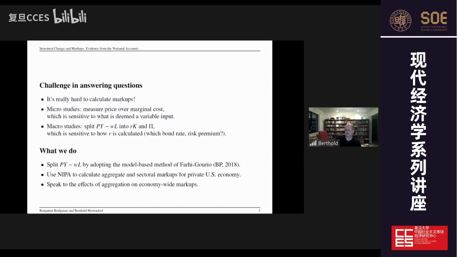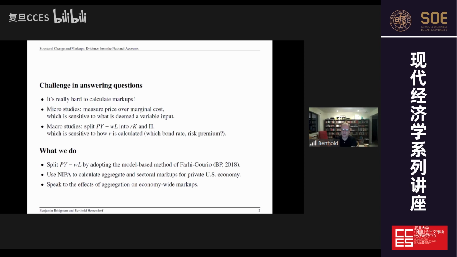But if you take a longer horizon, like a year or two, it's a variable input. So you can see how, if you want to get really high markups, you just make sure that you get very few variable inputs, going on a daily basis. There's not that much that you can vary, and everything becomes very sensitive to the frequency with which you measure it and what is a variable input.